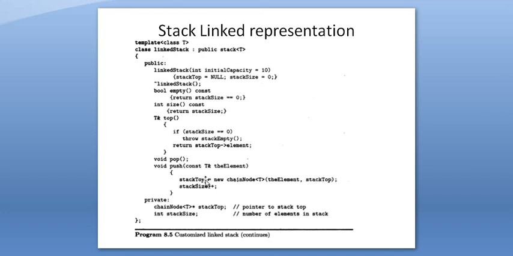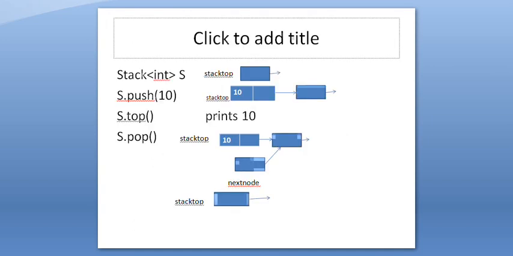I repeat, a new node will be created, its element will be 10, and its address will be linked to the old stack top, and that newly created node is named as stack top. So this is what it is doing. Okay, I repeat, you have a stack top which is created as null.